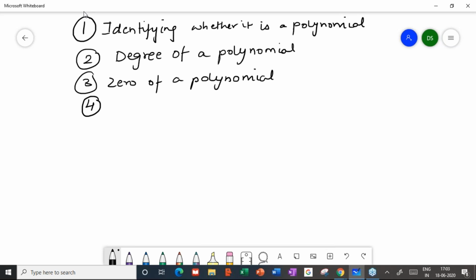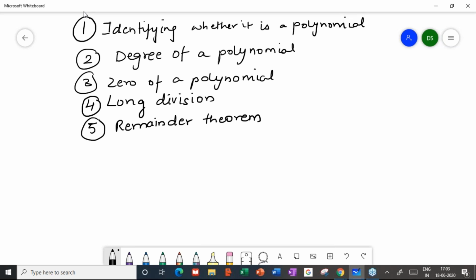Now I hope when I'm writing these names, you are recollecting how to solve each one of them. Then next one will be long division. Next is remainder theorem. After that, you get factor theorem. Remainder theorem and factor theorem are almost similar.